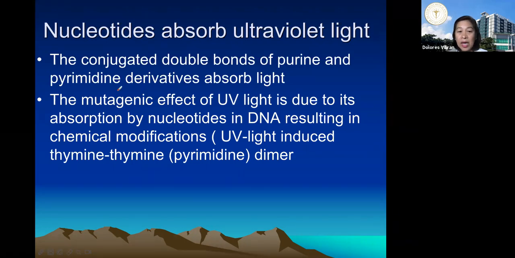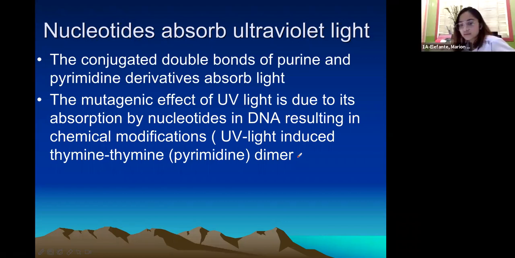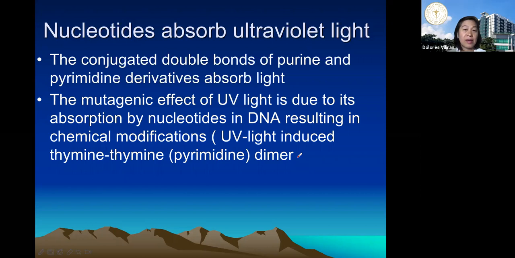The mutagenic effect of UV light is due to its absorption by nucleotides in DNA, resulting in chemical modification. Okay, you produce UV light-induced thymine, or pyrimidine, dimers. And this may result in what condition? Too much exposure to UV light, what will happen? Skin cancer. Yeah, it will lead to squamous cell carcinoma or skin cancer.